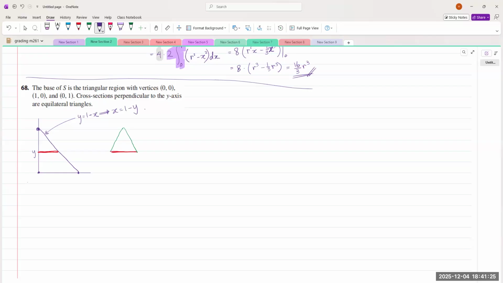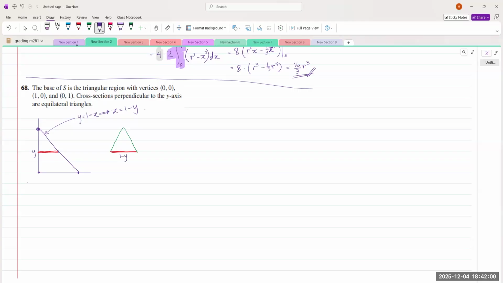So for a particular y, the length here is, I'm sorry, 1 minus y. That's the length.